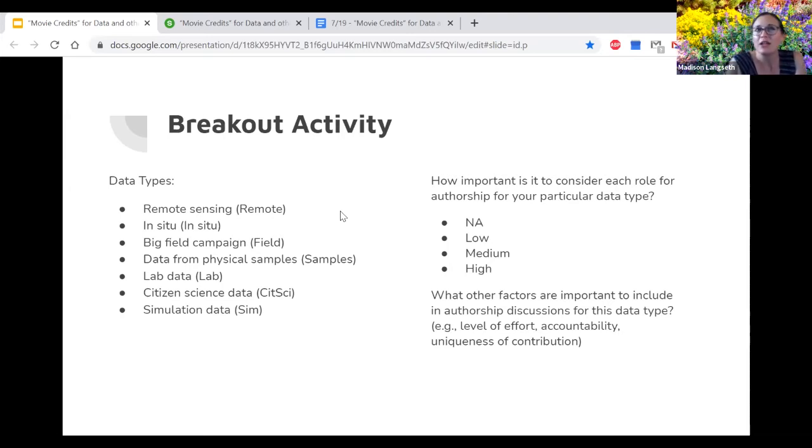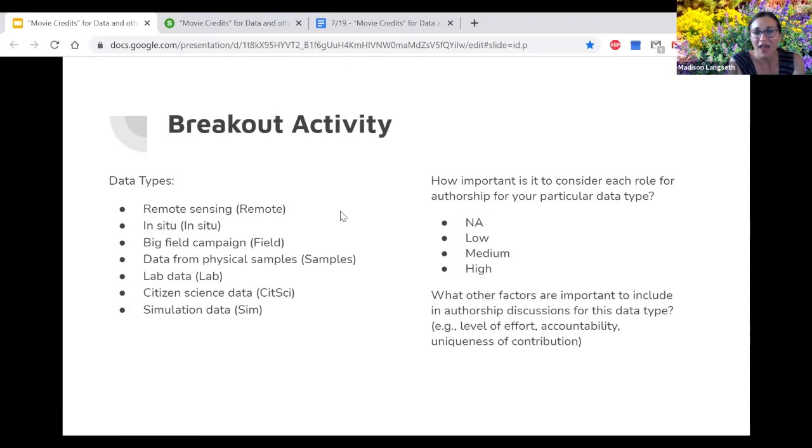Essentially the question we want you to think about is, in general, recognizing that every data product is somewhat unique, how important is it to consider each role in our contributor role ontology subset for authorship for your particular data type? We're asking you to group these into 4 categories that I'm also showing on the slide.